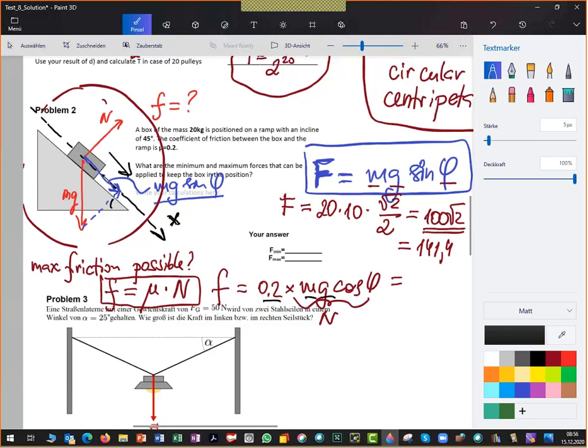We can calculate, which will be equal to 0.2 multiplied by 200 multiplied by square root of 2 divided by 2, which will give you 20 square roots of 2. Okay, we found the maximal value of friction force without specifying its direction.